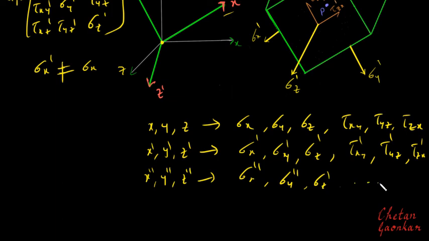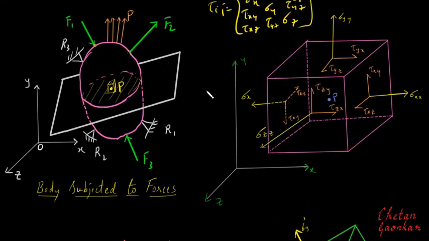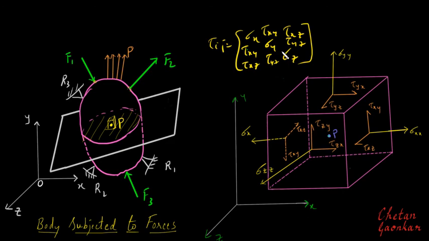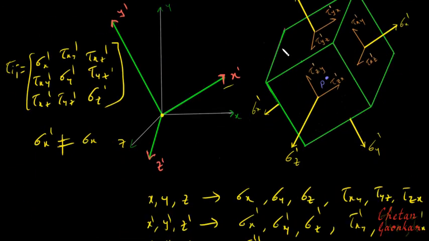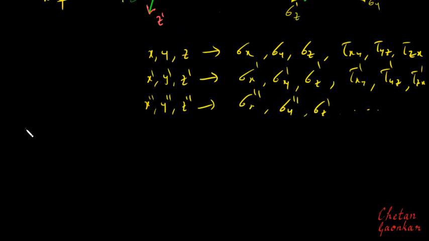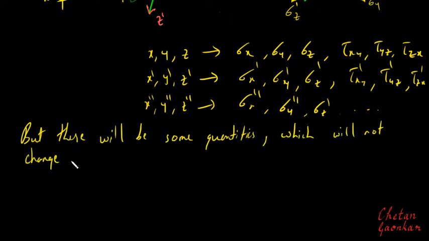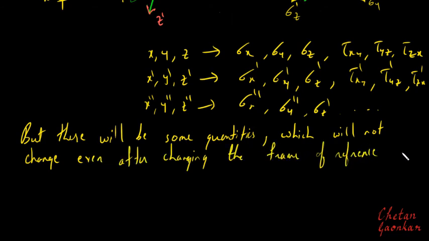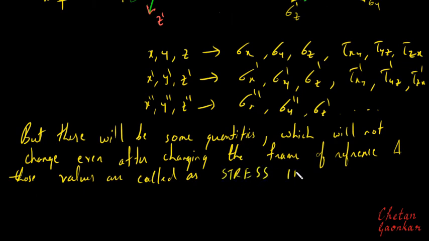So from here we come to know that as we change our frame of reference, the values of the stresses will change, but there will be some quantities which will not change even after changing the frame of reference, and those values are called stress invariants.